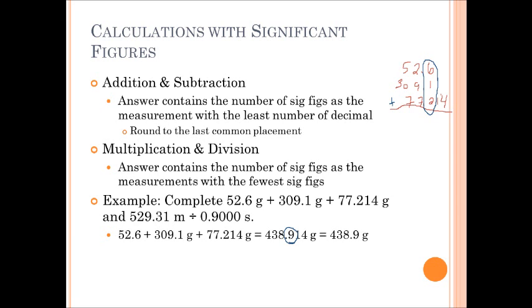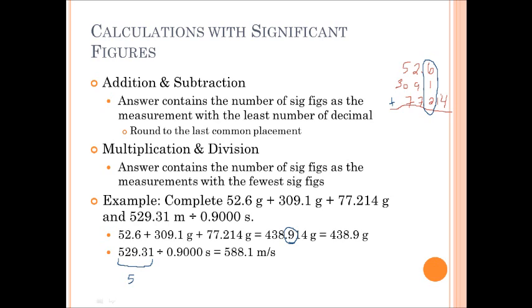In this case, you figure out how many significant figures each value has, and you're going to round to the fewest number of significant figures. So again, going back to the example, we have 529.31 meters divided by 0.90000 seconds. If we look at this example, this first number here is all non-zeros.